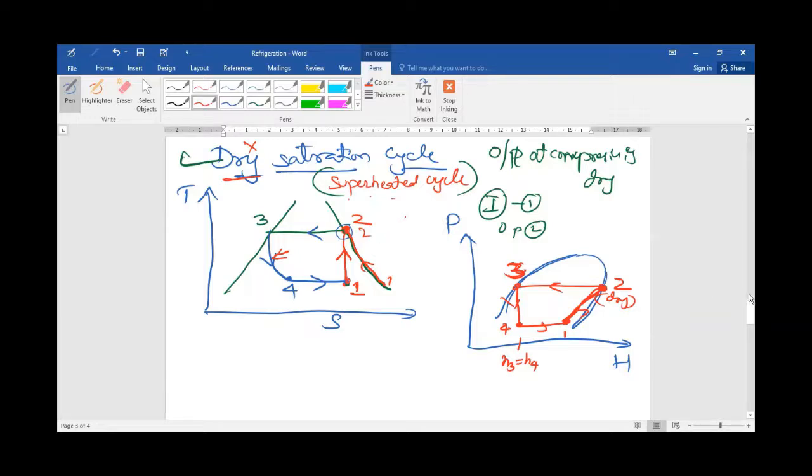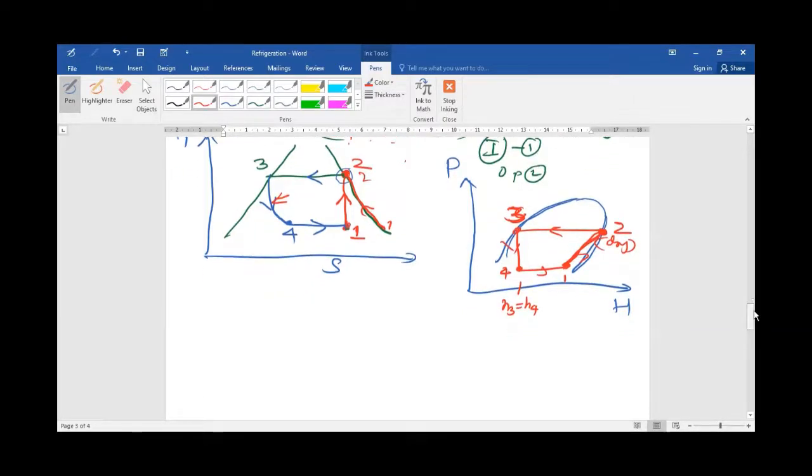What has he asked? He has asked for COP. Remember the simple formula: COP is equal to refrigerating effect divided by work done on the compressor. The refrigerating effect is the 4 to 1 process. This is called the refrigerating effect.